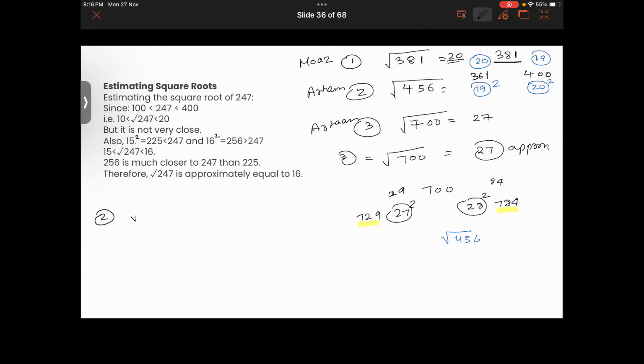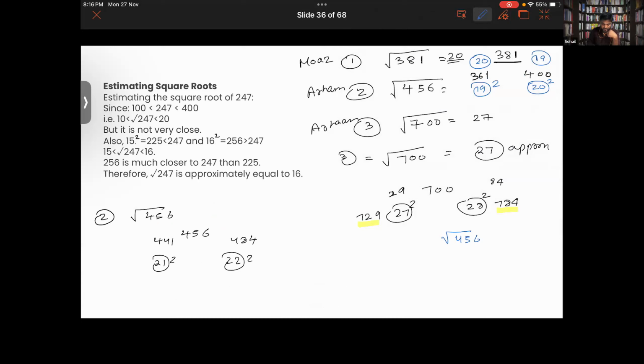Second question. 21 square is 441, while 22 square is 484. Now see, where do we get the minimum difference?